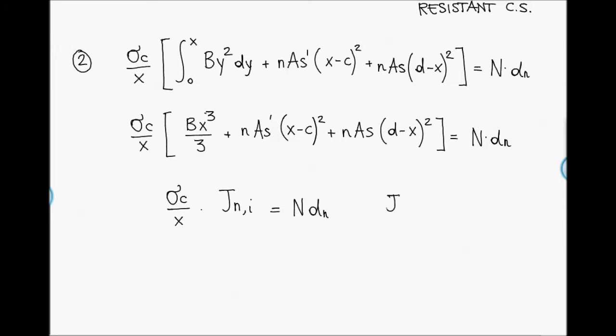So Jni is the moment of inertia of the homogenized resistant cross-section with respect to the neutral axis.